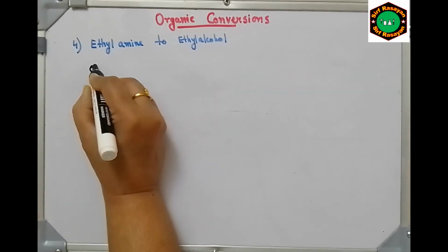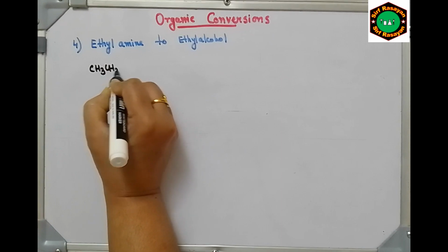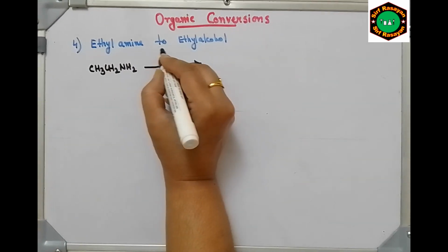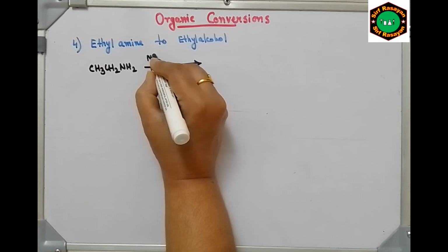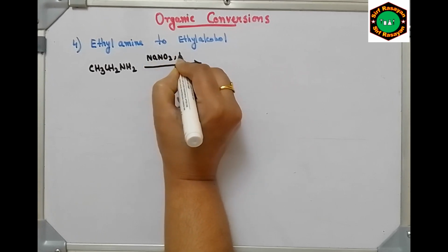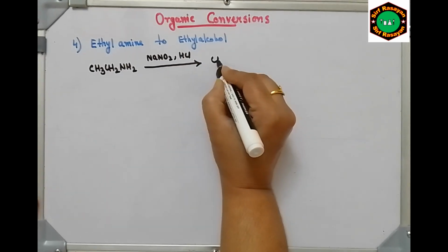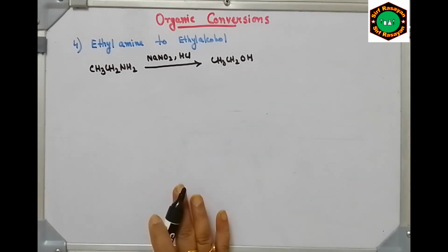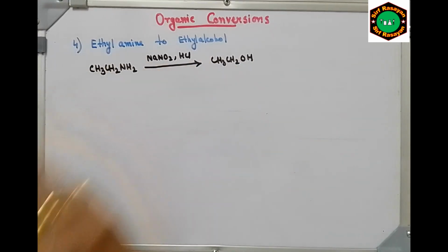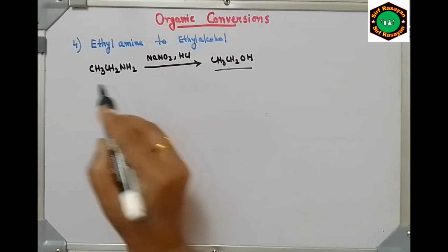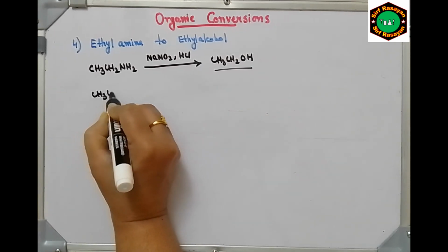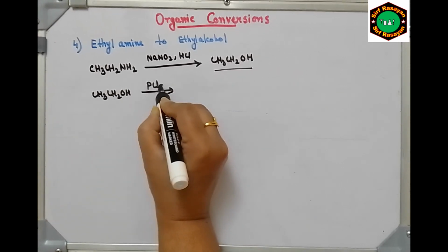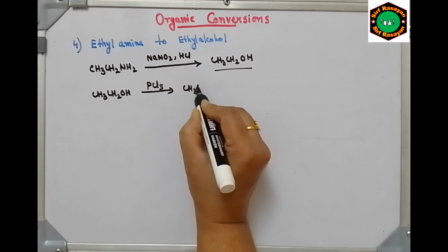Here is ethylamine, CH3CH2NH2. This is primary amine. If you treat it with nitrous acid, means how you will get nitrous acid? NaNO2 HCl. You will get ethyl alcohol. Now if someone will ask you convert ethyl alcohol to ethylamine, what you will do? You take CH3CH2OH. If you treat it with PCl5, you will get chloroethane.